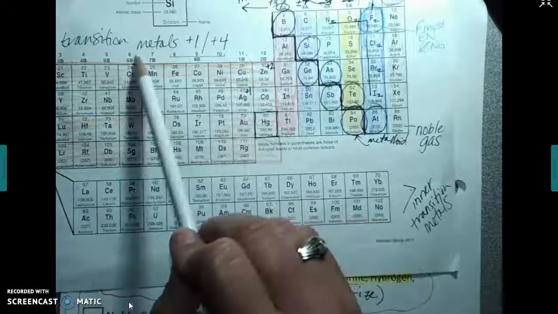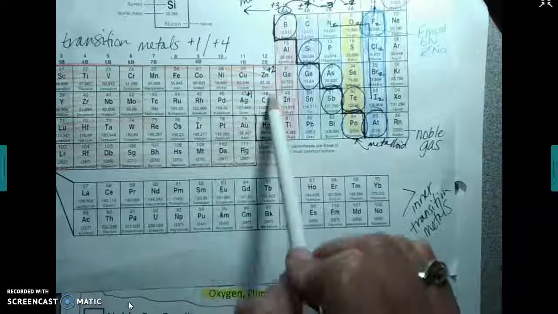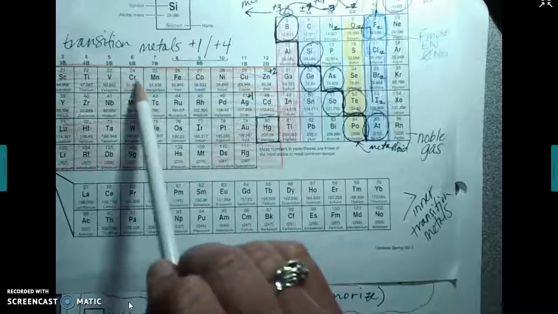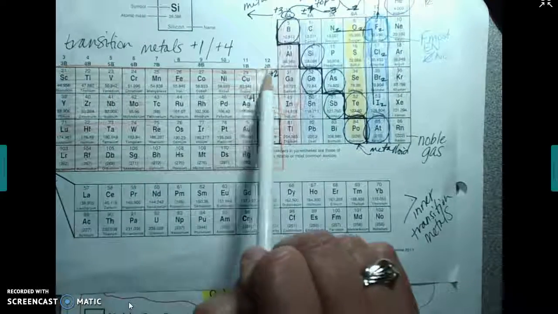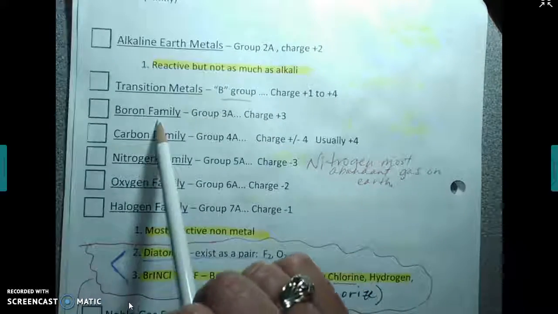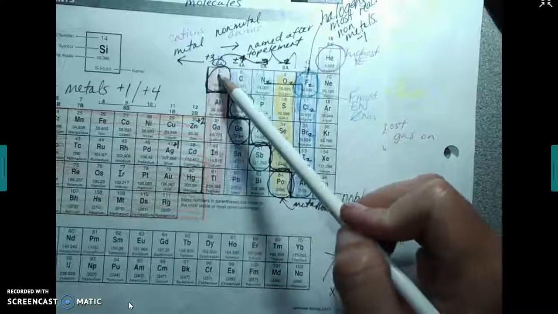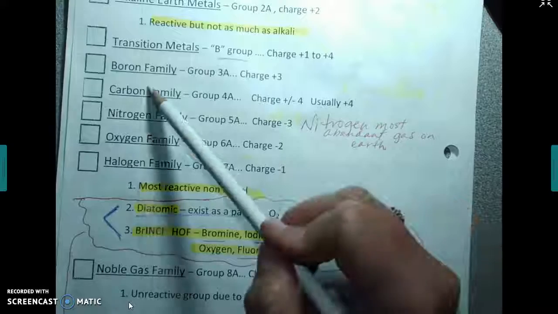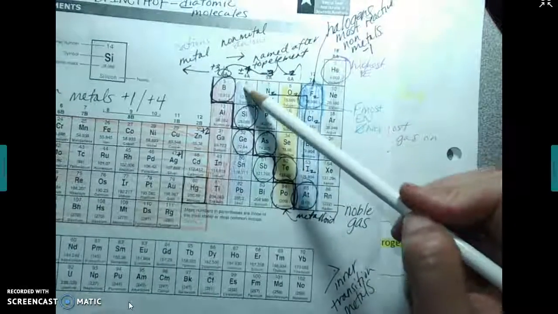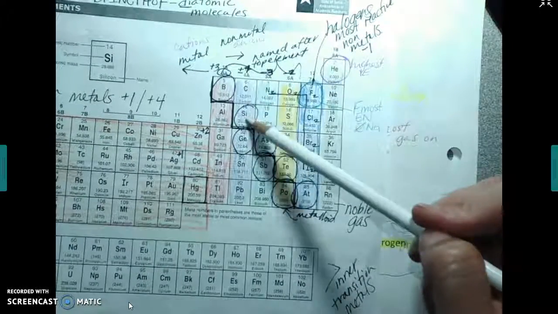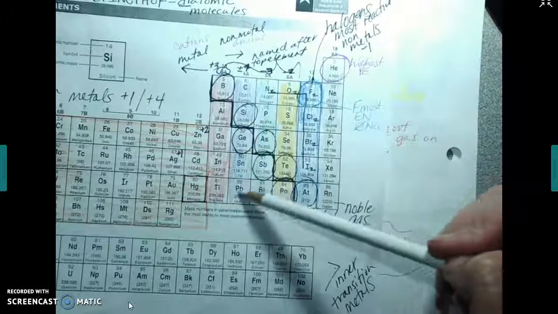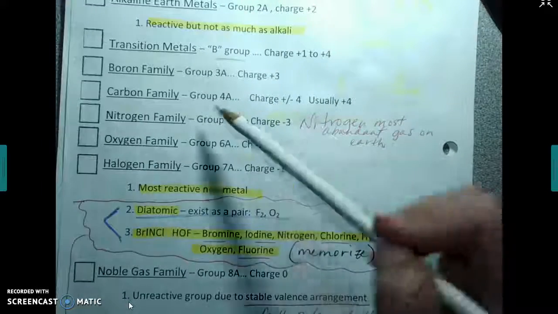Now, going across the periodic table, we come across the transition metals, also known as the B group elements. The boron family, group 3A, has a charge of +3. The carbon family, plus or minus 4, depending on if it's above the stair step or below the stair step.